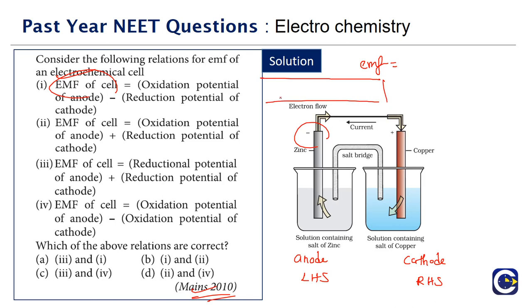So whenever we say electrode potential, what we are referring to is the reduction potential. That is the standard that we follow. So as per this formula, E cell is equal to the cathode reduction potential minus anode reduction potential. This is the normal cell potential formula.